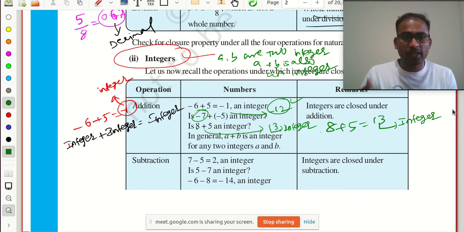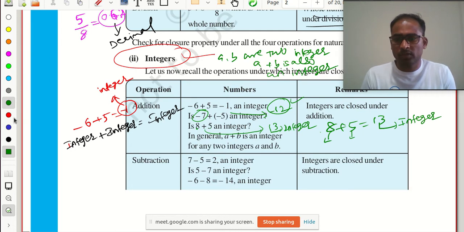When I talk about whole numbers, then I can say this 13 is a natural number also. But now I am discussing properties on only integers. So here 13 is an integer. 8 is one integer, 5 is another integer. If I add two integers, I am getting the resultant 13, which is another integer only. So I can say these integers are closed under addition.